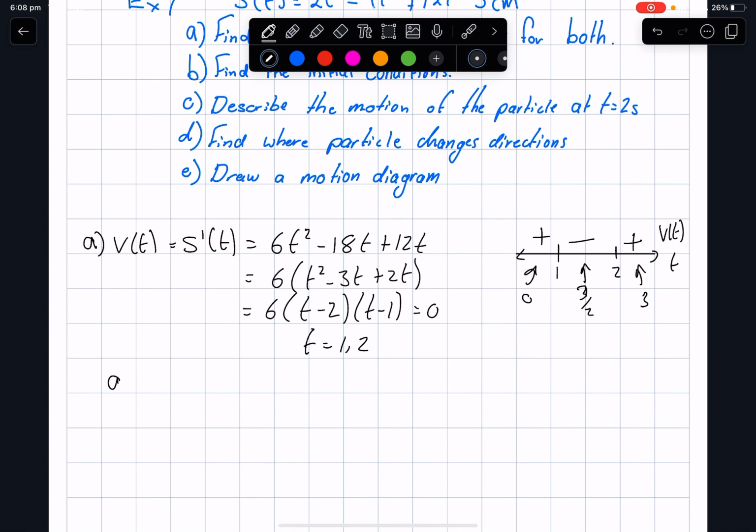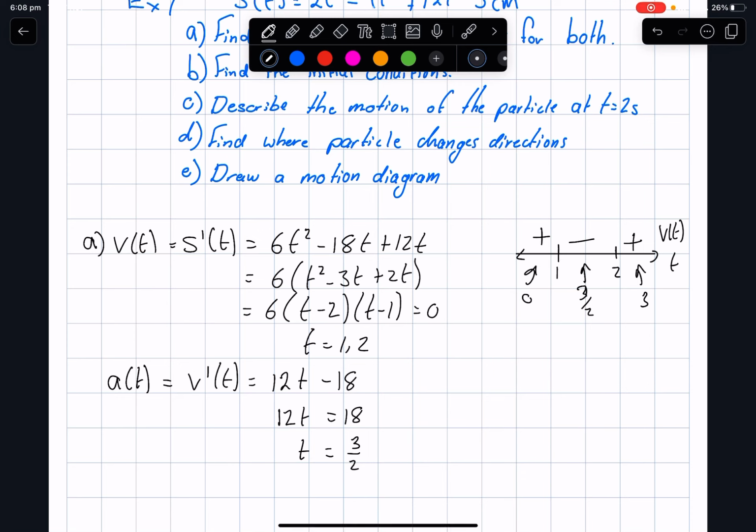Let's now find a of t, which is v dash of t. So I've got 12t minus 18. Now to solve that for 0, 12t equals 18, t equals 18 on 12, or what's that going to be as a fraction? 3 on 2.